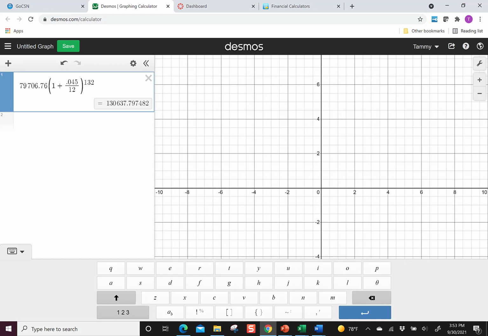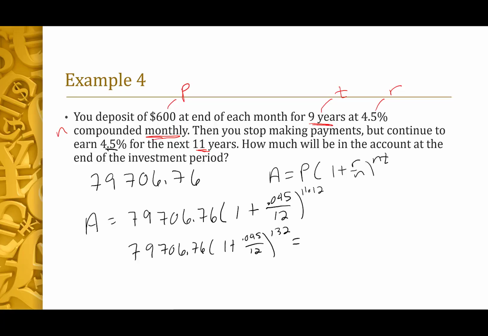So it says my new total is $130,637, and we're going to call that 80 cents. We'll go ahead and round up. So here's our new future value, $130,637.80. So just remember, sometimes you may have to do one calculation, finish that, then do the separate calculation, because they're using two completely separate formulas. We just can't put them together.